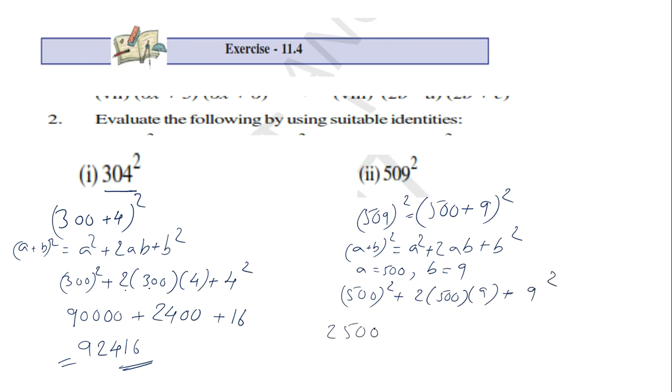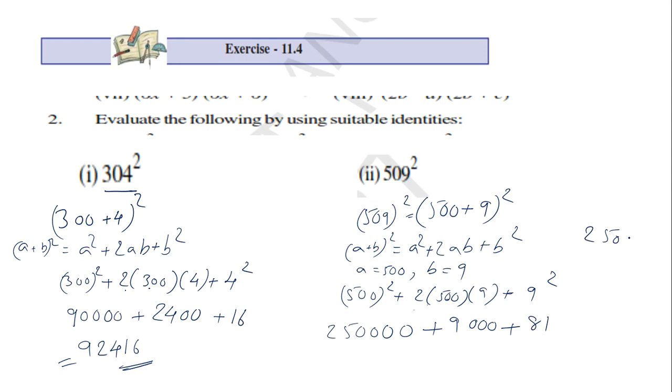Now 500 square is 2,50,000, sorry, plus 5 2s are 10, 500 into 2, 1000, 1000 into 9, 9,000, plus 9 square is 81.